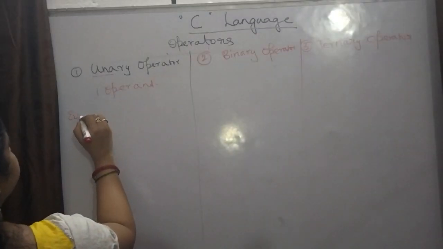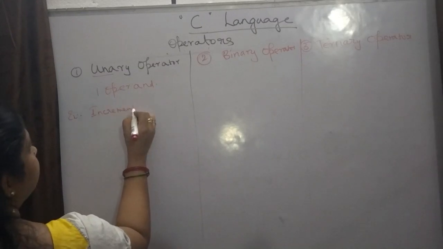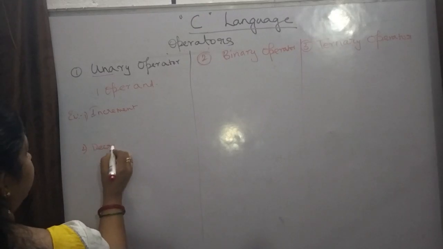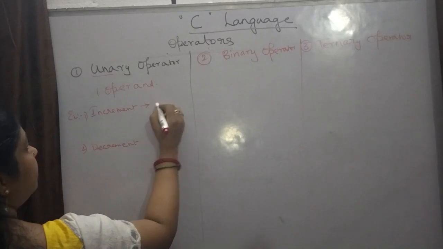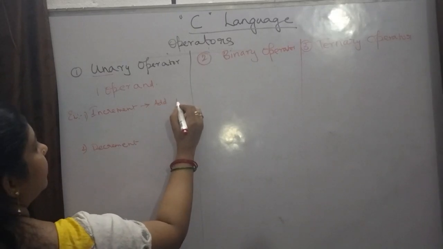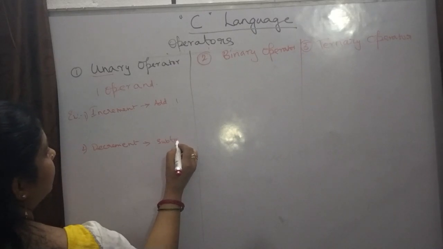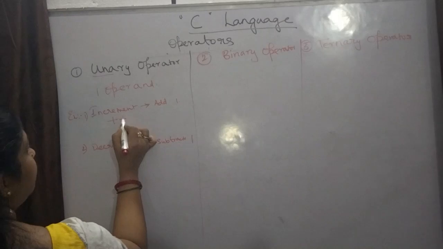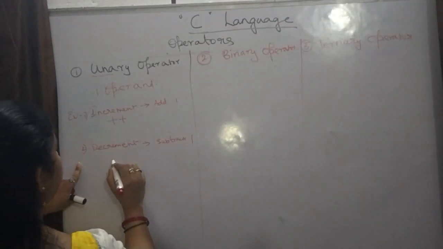I will explain how these are used. Increment will add 1. Decrement will subtract 1. So increment will do addition, and decrement will do minus.